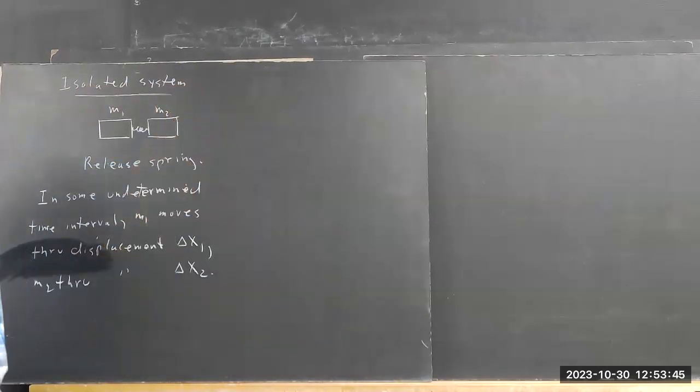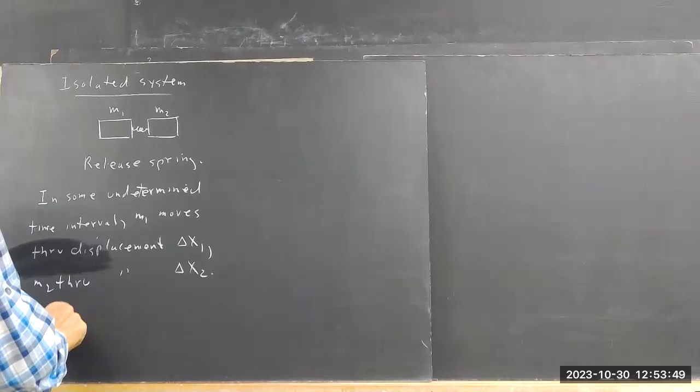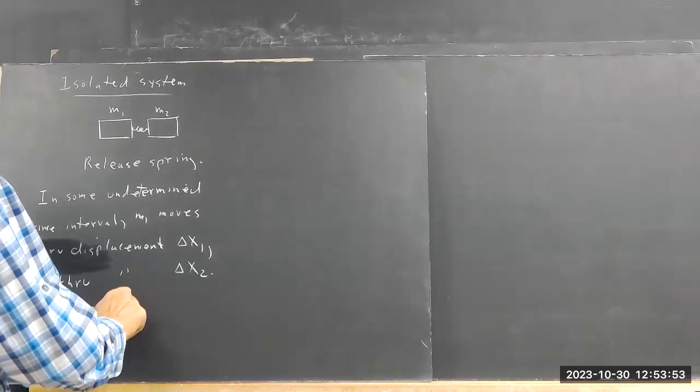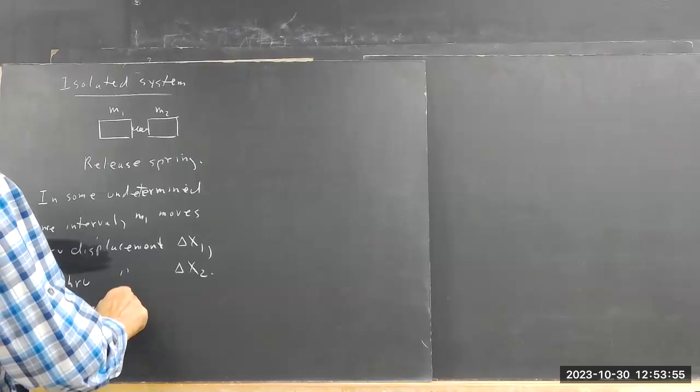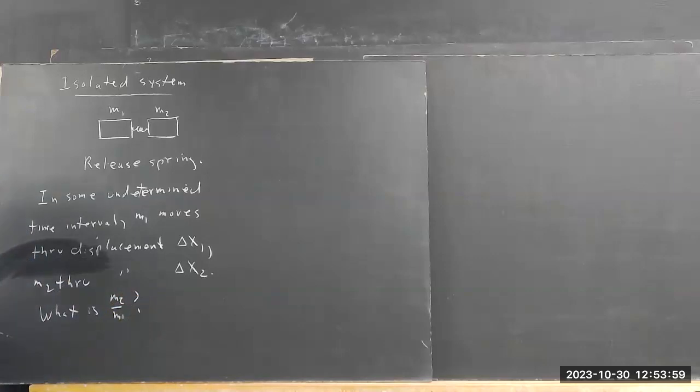It being an isolated system, what's the ratio of the second mass to the first?